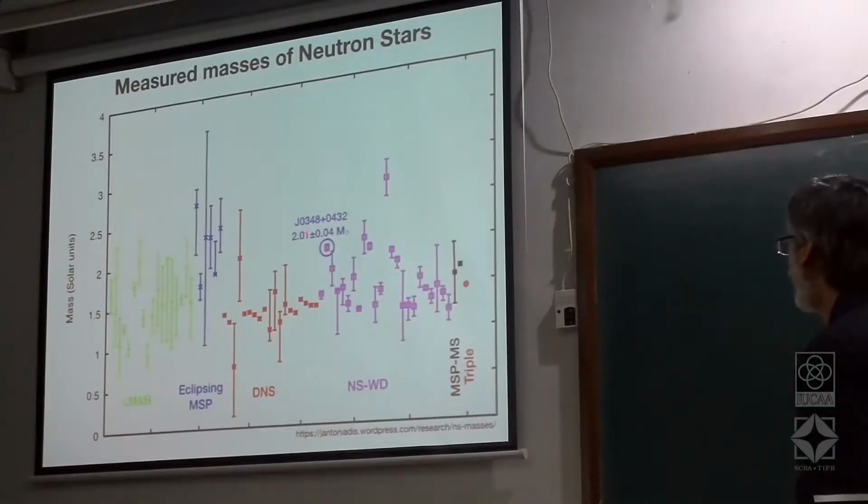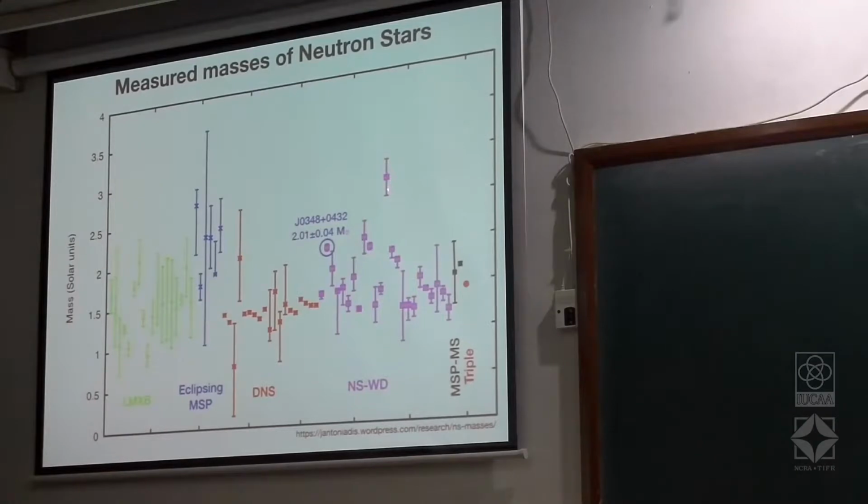It's 2.01 plus or minus 0.04. This one has a large error, but people could be considering this if the error goes down. There are some systematics which may still need to be reduced for this to be considered reliable. But if it converges to this value which is measured here, then it will produce a much stronger constraint. Right now, the strongest constraint for mass alone comes from this object.